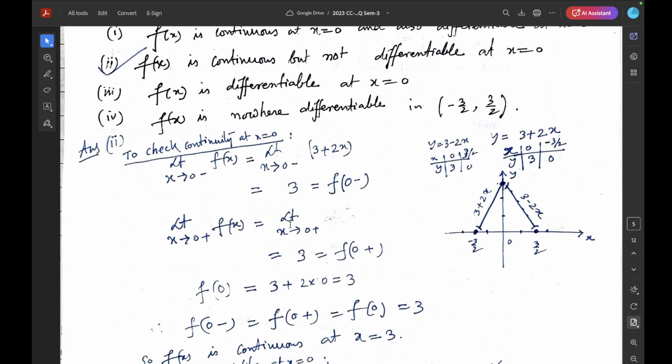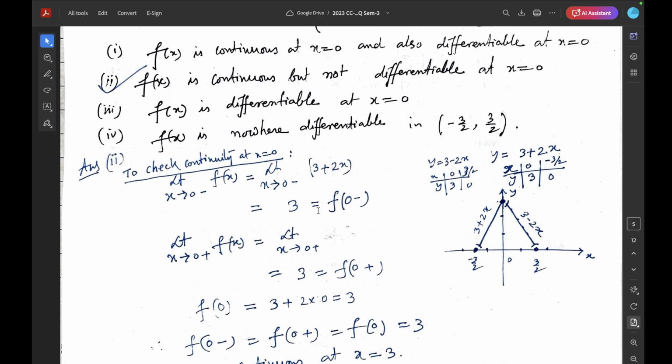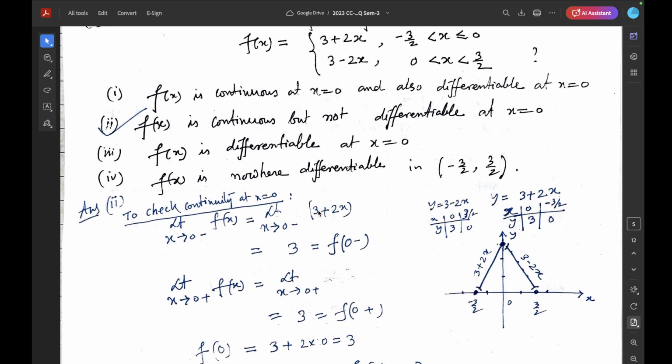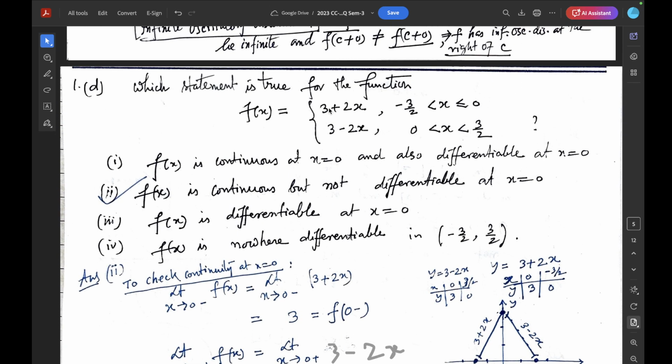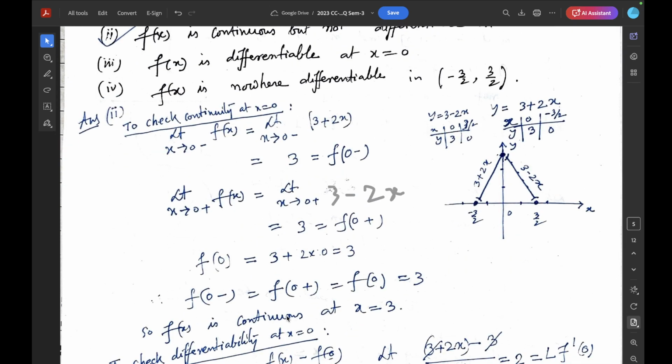And the right hand limit, where f of x is 3 minus 2x, is also equal to 3. And f of 0 is equal to 3, using 3 plus 2x. So f of x is continuous at x equal to 0.